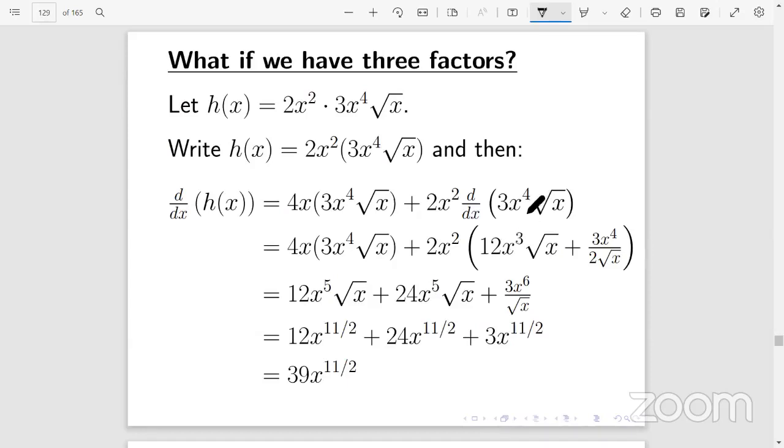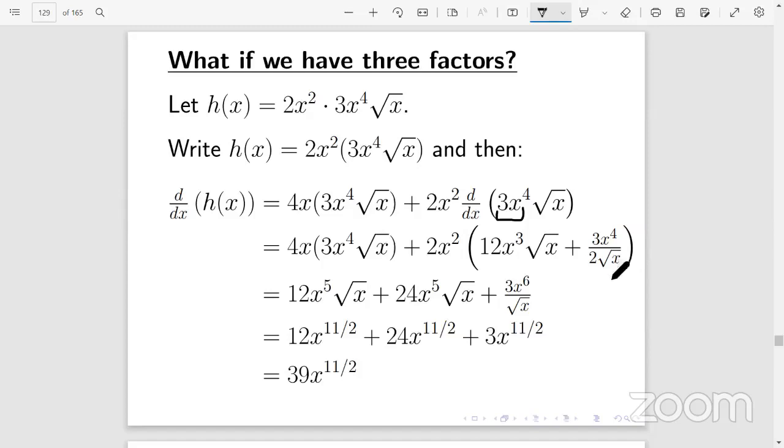As you can see from here, we differentiated 3x to the power 4. Differentiating 3x to the power 4, you drop the 4, so 3 times 4 is 12, subtract 1, we have x cubed. We still kept square root x constant. Now we can keep the 3x to the power 4 constant, there it is. Differentiating square root x, we get 1 over 2 square root x.